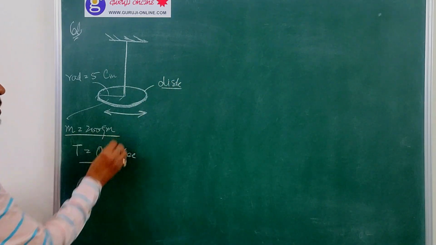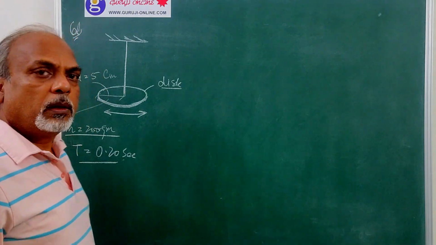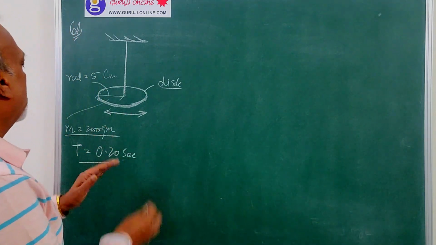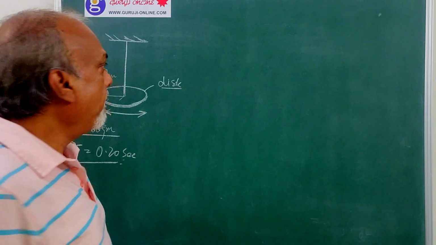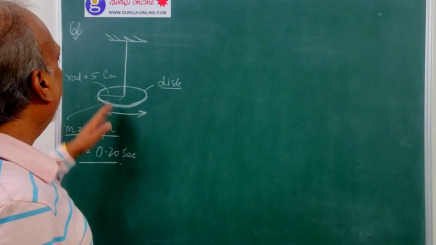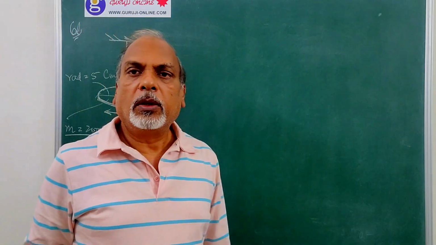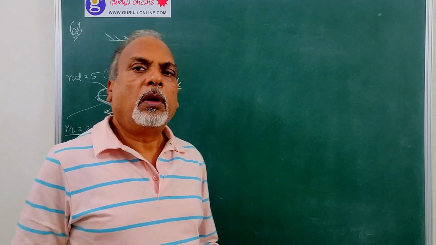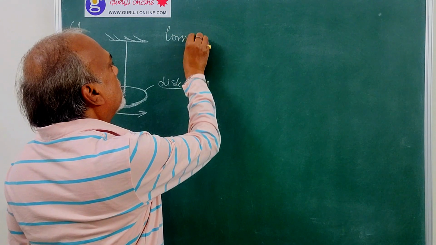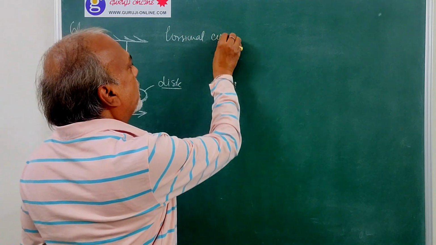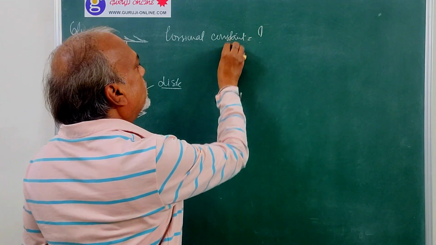The mass of the disc is 200 gram, the time period of this disc is 0.2 second, and the radius of this disc is 5 centimeter. We have to find out the torsional constant, that is K.